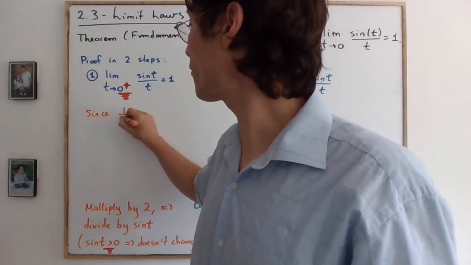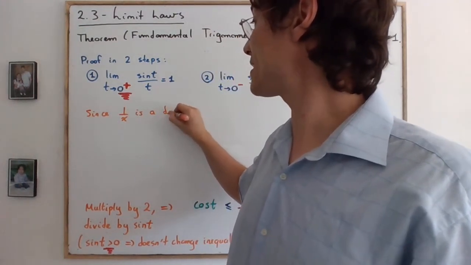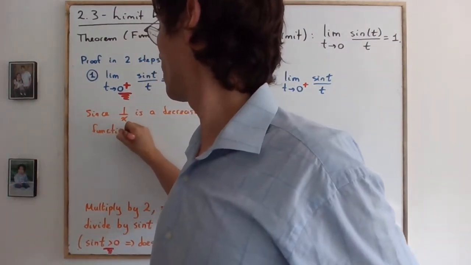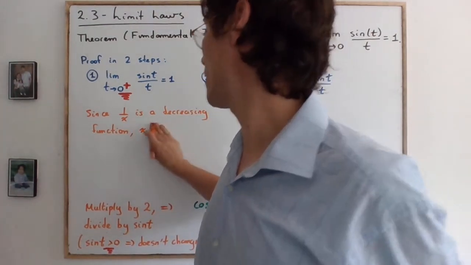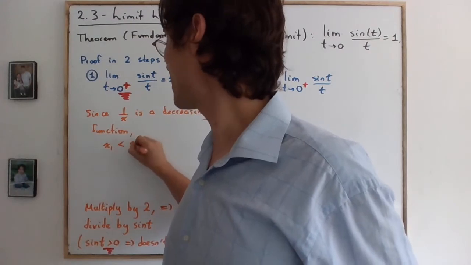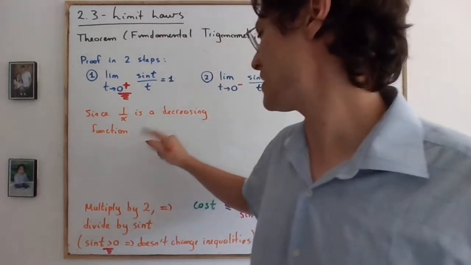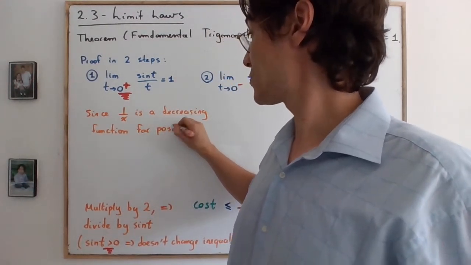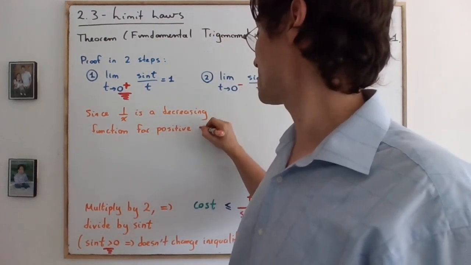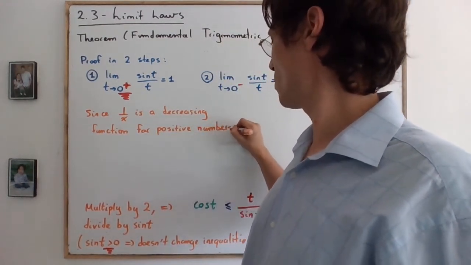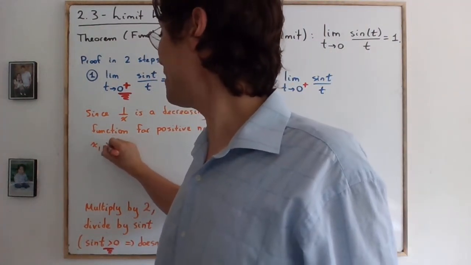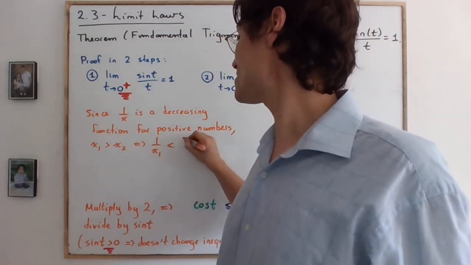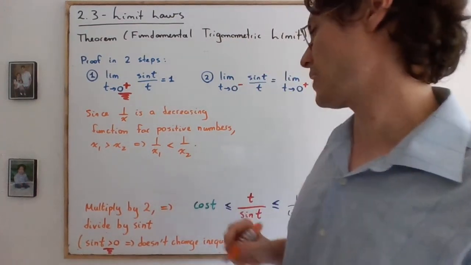Since 1 over x is a decreasing function, and actually I have to be careful, it's a decreasing function for positive numbers, we have that if x1 is greater than x2, it means that 1 over x1 is smaller than 1 over x2.